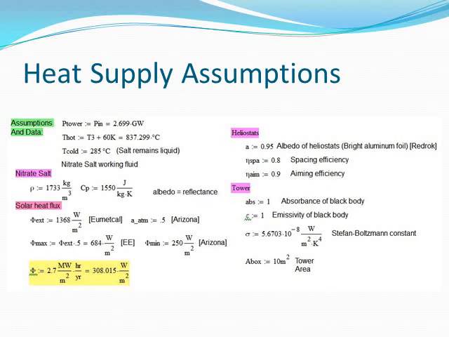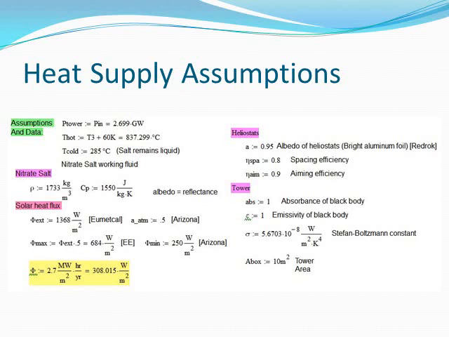The reflectance of the heliostat was assumed to be 0.95, the albedo of bright aluminum foil. We also assumed that 80% of the space of the solar field was filled with heliostats. The other 20% would be blank space that workers could walk through.